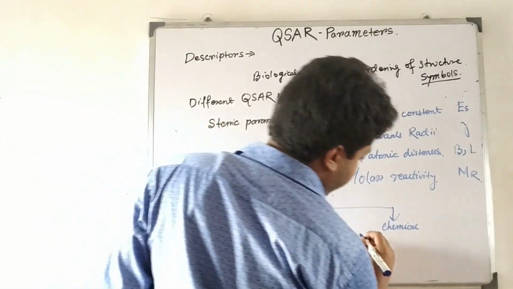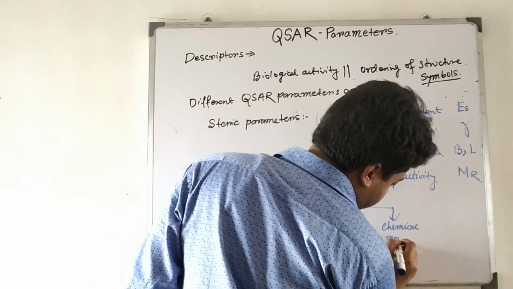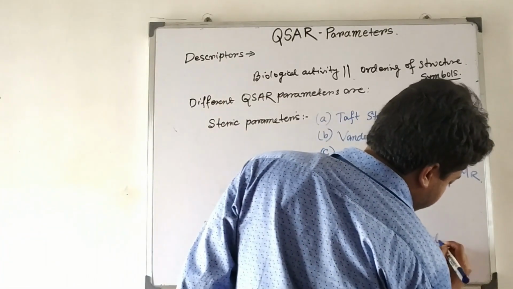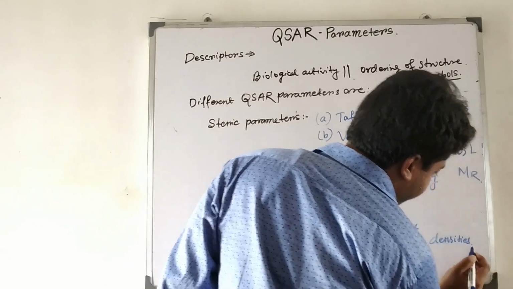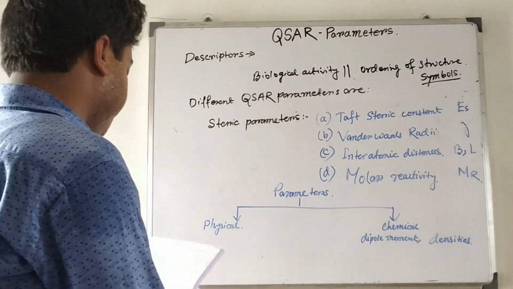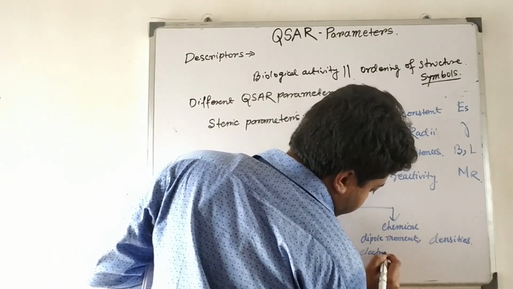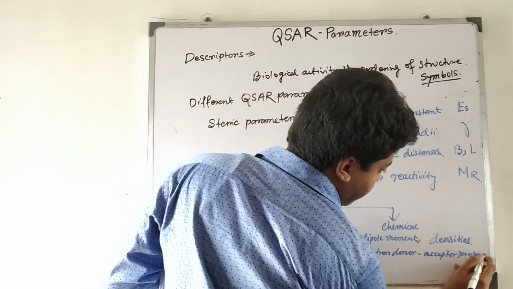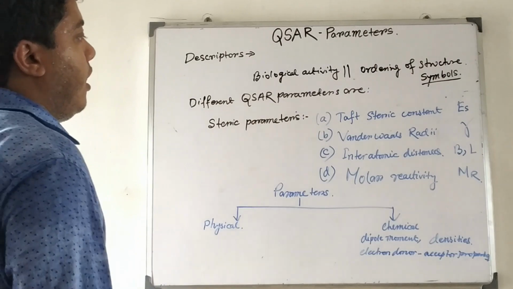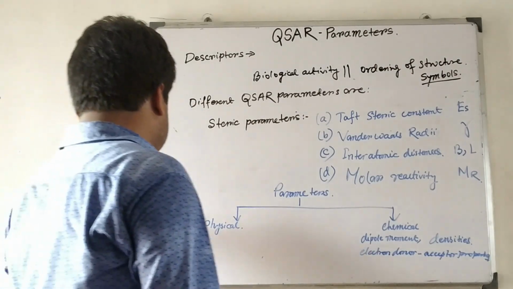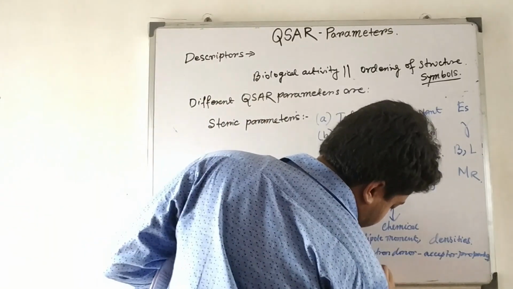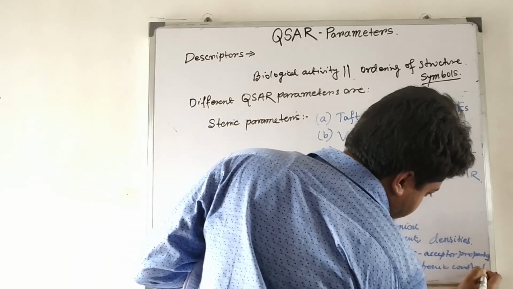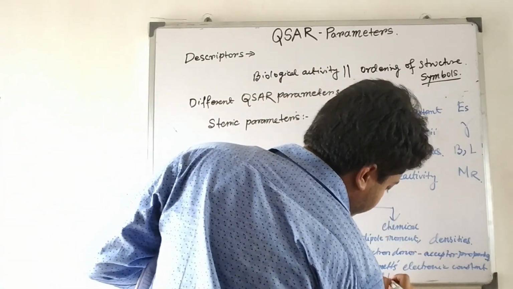The chemical parameters describe properties such as dipole moment, densities, electron donor and acceptor properties, Hammett's electronic constant, and Taft's parameter.